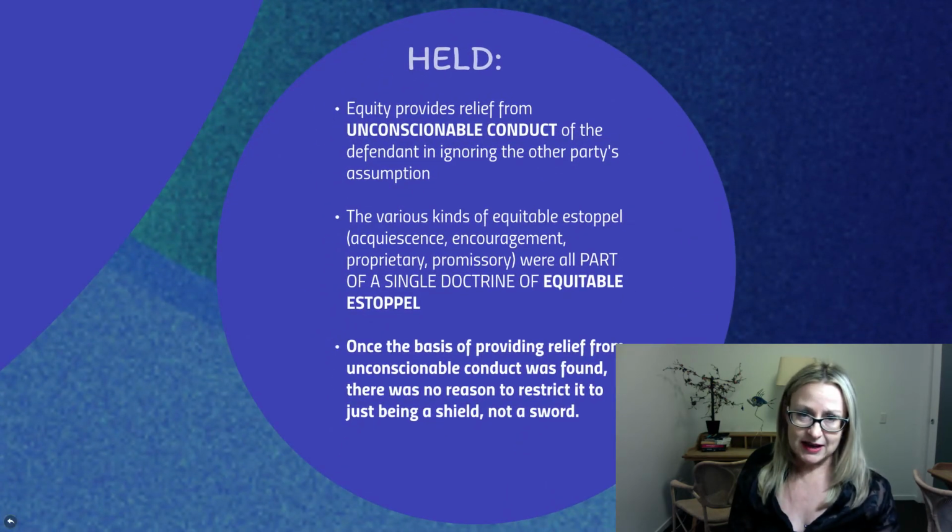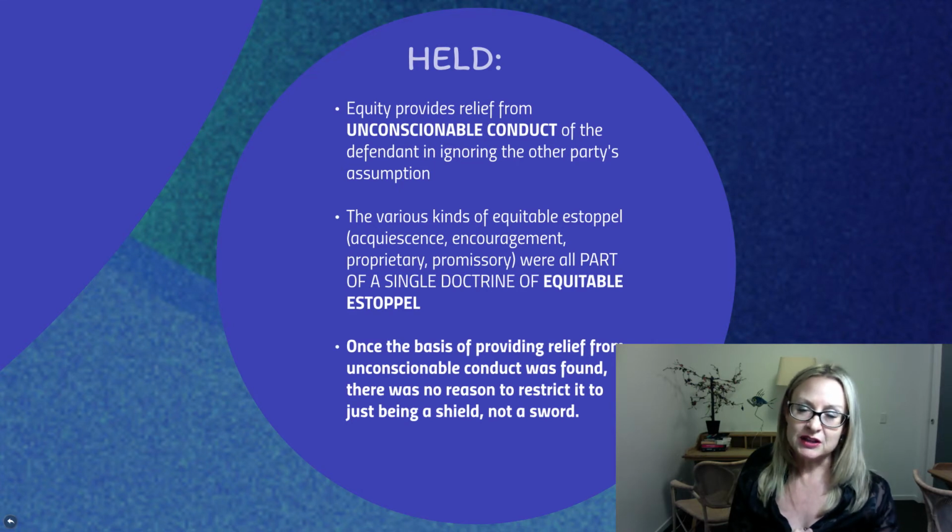What was held in that case? Equity will step in to give you relief where the other party is acting unconscionably in ignoring the other party's assumption. And the whole basis, the court said, for equity's relief here, the whole basis of the action in Equitable Estoppel, and it was an action at this point, was unconscionability.